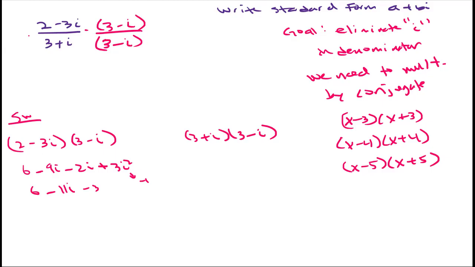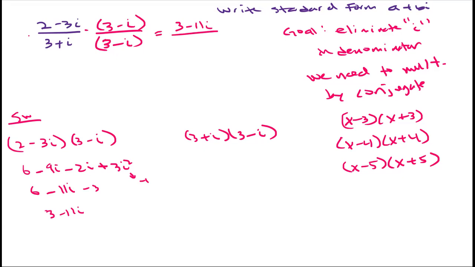All right, so we get 6 minus 3, which gives us a 3 minus 11i. Okay, so that is for the top. So top is 3 minus 11i.